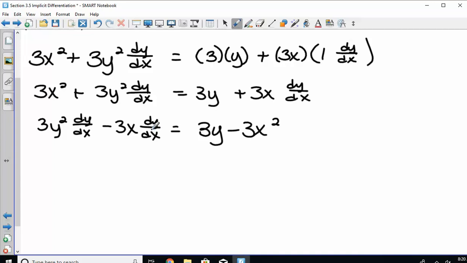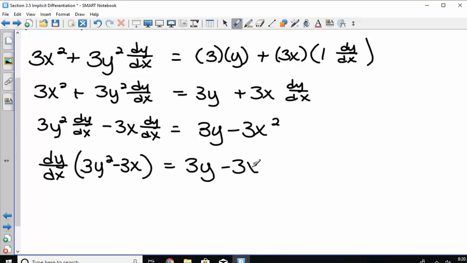Now I have 2 terms. They both have a dy/dx. So what do? We could factor that out, and then we would divide.